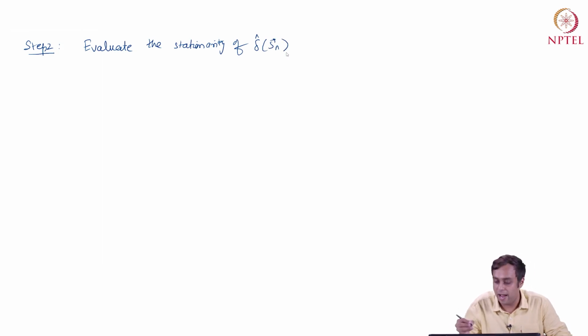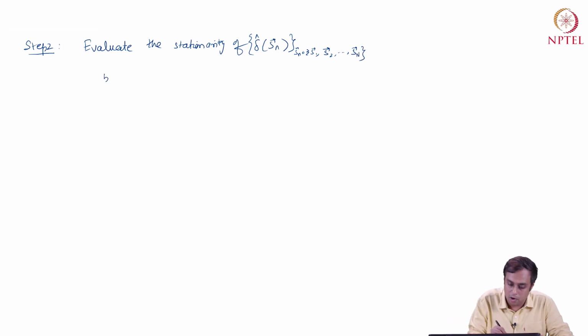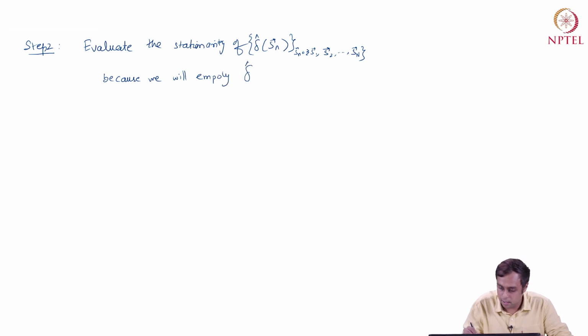Now I want to evaluate this stationarity of delta hat(s_n) because we will employ delta hats to evaluate spatial dependence through a variogram model.